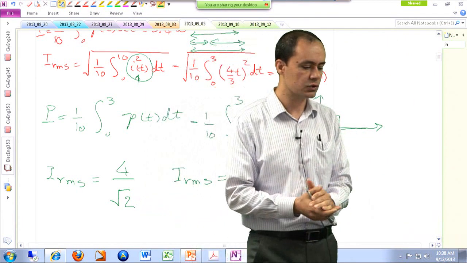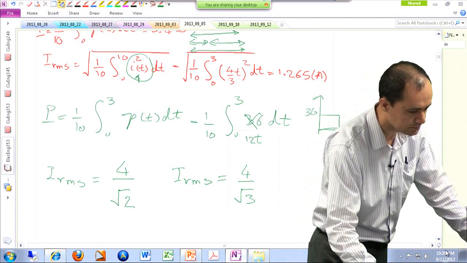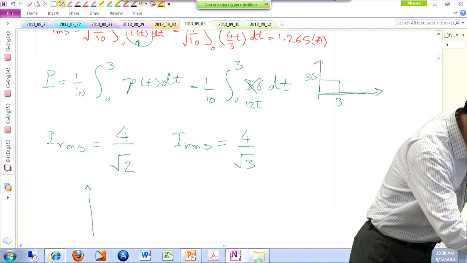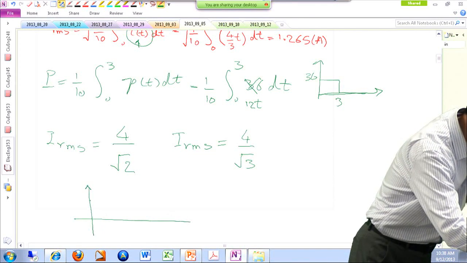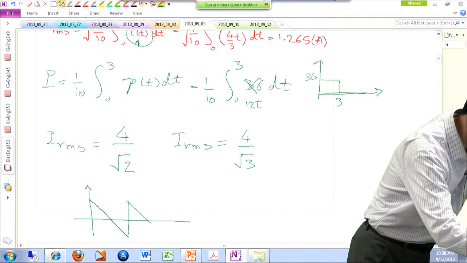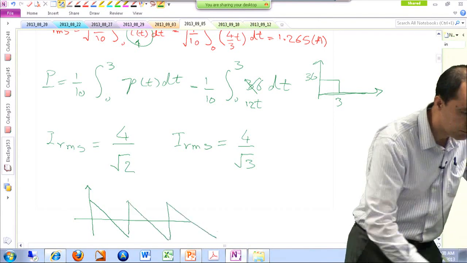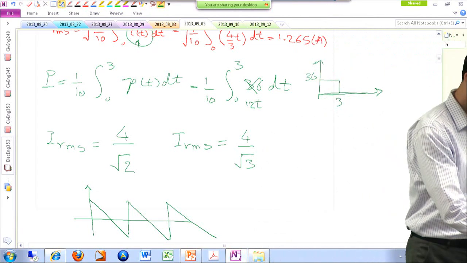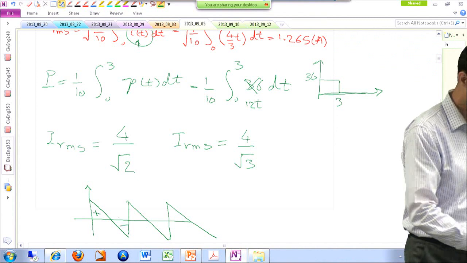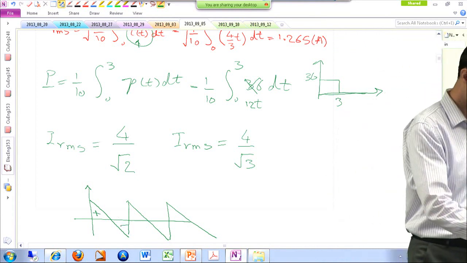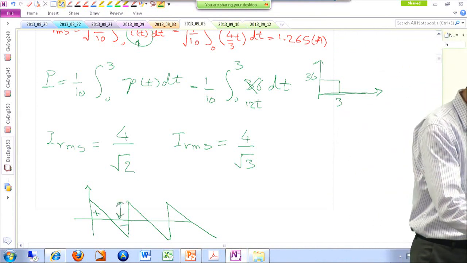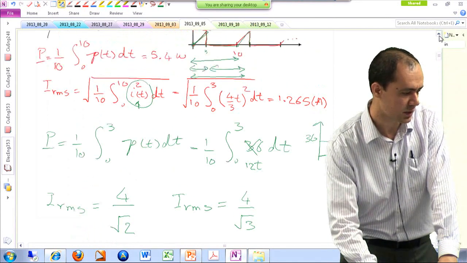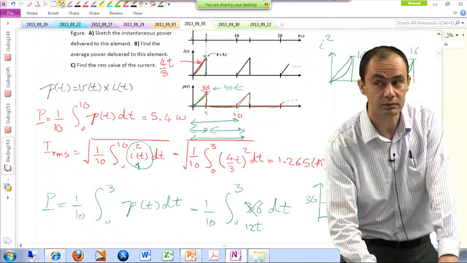You're right, if you have a triangular waveform like this, I don't know, something like this, this triangular waveform is symmetric in a sense that on average it's 0. Then you can say the RMS value of the signal is the peak value over the square root of 3. But this is not really the case. As you can see, our signal is 0 sometimes, and on average this signal is not even 0.